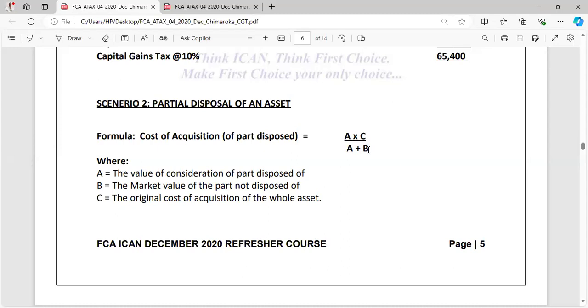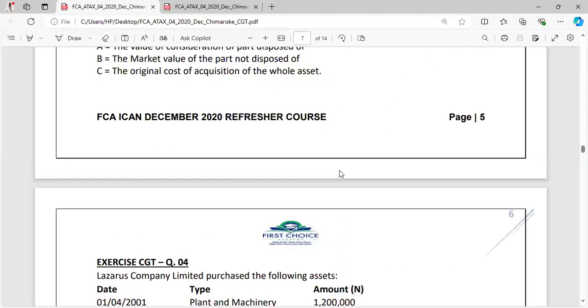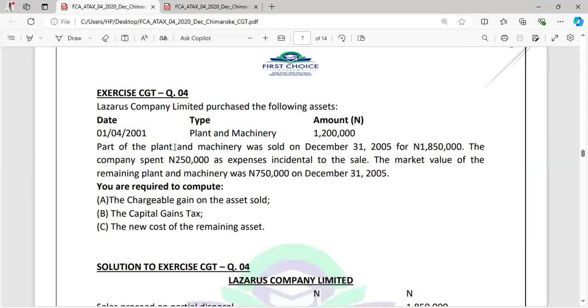Now let's see how we can apply this. Look at example 4. Lazarus Company purchased the following assets. Look at the date of acquisition, 1st of April 2001. The asset is plant and machinery, the amount is 1,200,000, so that's the original cost of the asset.